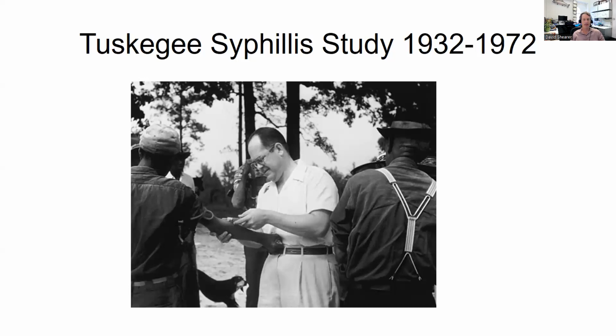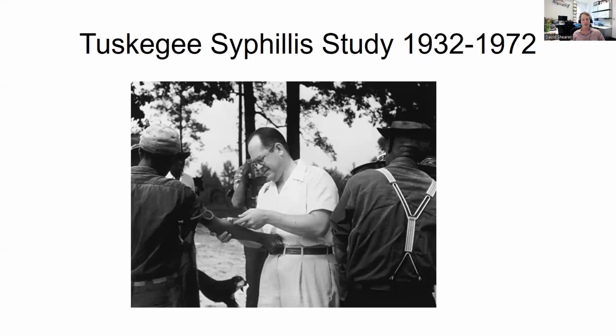But they didn't inform the patients about those treatments. They didn't inform them about the goals of the study. And so it's really one of the worst examples of irresponsible conduct of research.